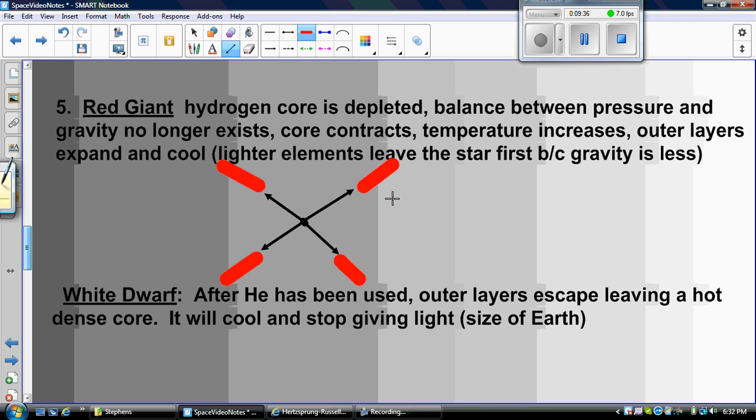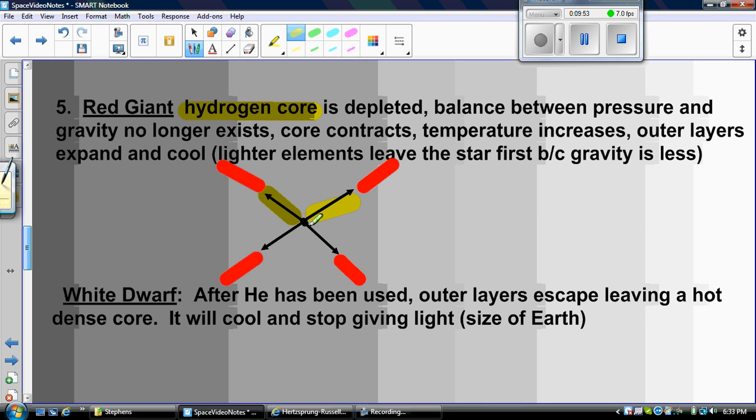However, eventually what will happen is when the hydrogen core is starting to become depleted, that force of pressure becomes less. So it decreases.